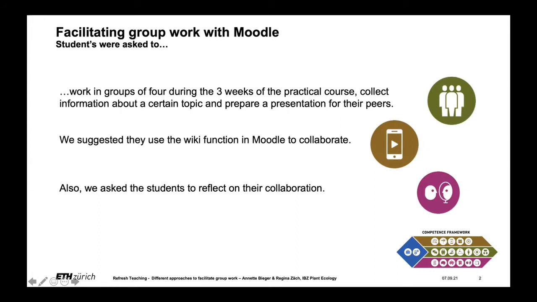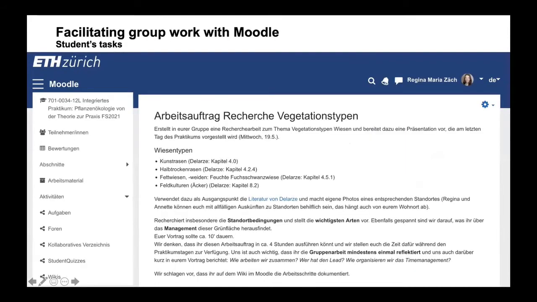And then we also asked the students to reflect about their collaboration, as Marlene usually does, but not as sophisticated. So that was the task that we asked them to do.